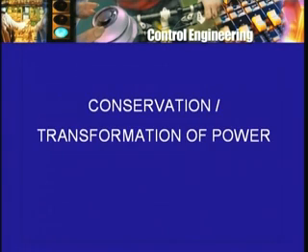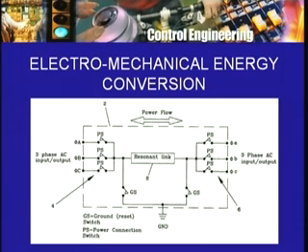So this is some kind of conservation of power, or better, a transformation of power, from electrical to mechanical, and therefore the motor is an electromechanical energy conversion device, converting electrical power into mechanical power. Whereas an electric generator will act in the opposite direction. It will convert mechanical power into electrical power.